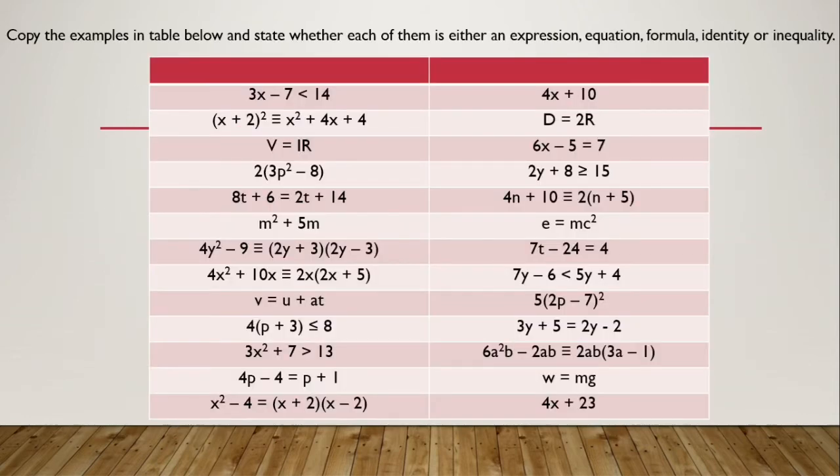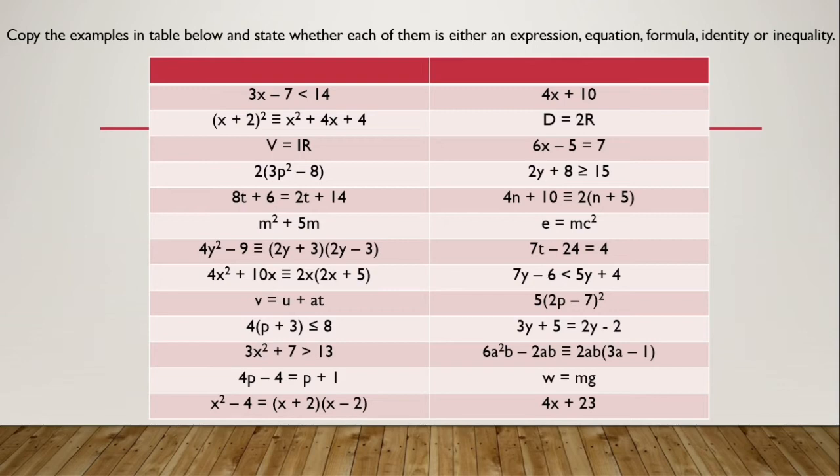Now, what I'd like you to do, please, is copy down all of these examples, and write down next to each whether it is an expression, an equation, a formula, an identity, or an inequality. Using the definitions and examples you've written down, copy these examples and write down next to each what it is. Please pause the video and press play when you're ready to carry on.